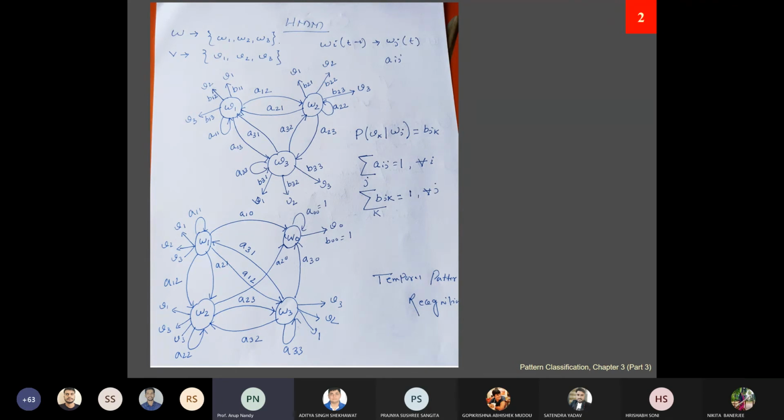Now the model, or system, which you can consider as theta, if it is at t-1 time in the ith state, then after some transitions from one state to another state, there will be some transition. Suppose the model is in state W1, but with some input it has to go to W2.